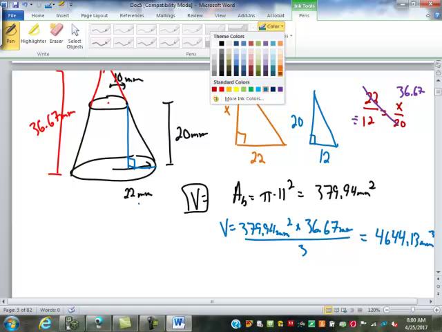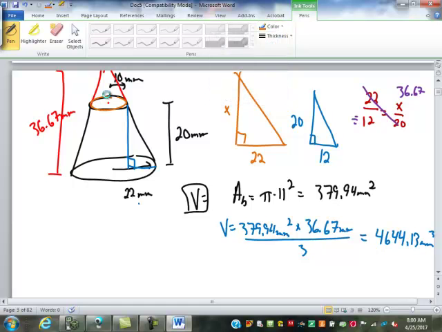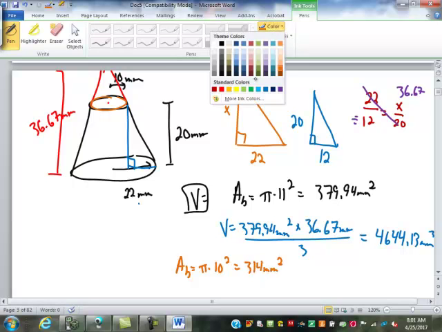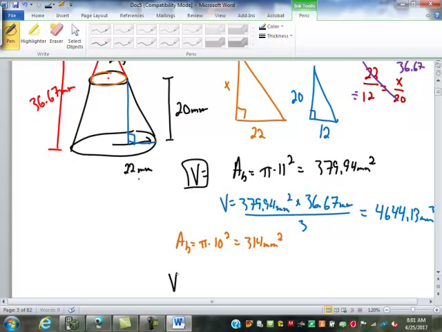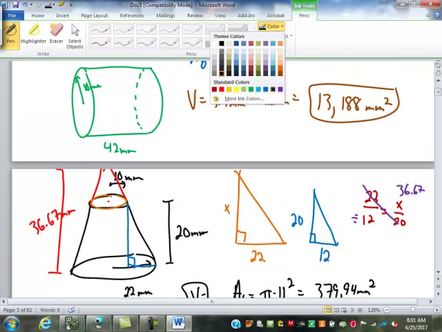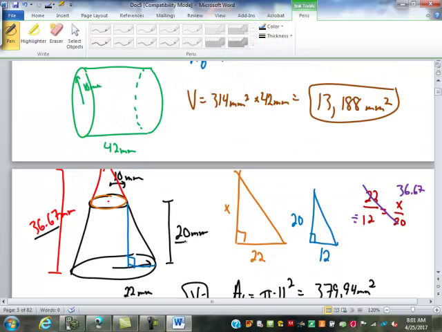Now we need the volume of the little cone that's chopped off. The area of its base is pi times 10 squared, so that's 314 millimeters squared. So its volume is going to be that 314 millimeters squared times its height. Well, its height is going to be the 36.67 minus the 20.